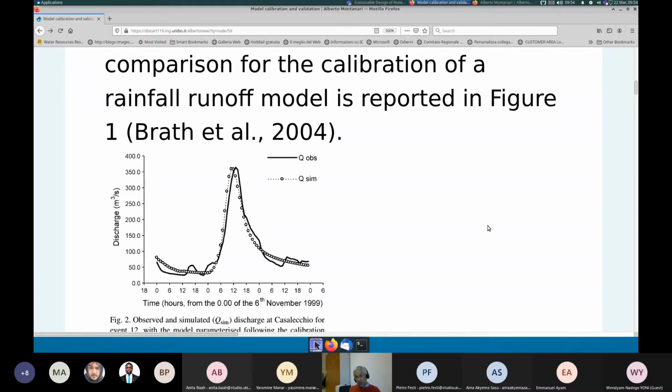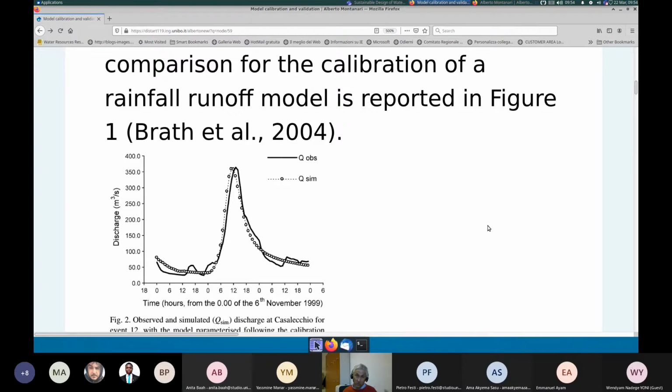If you remember what I did in the exercise, I started by increasing the K value, because I said, look, the simulated hydrograph gives too high values with respect to the observed one.